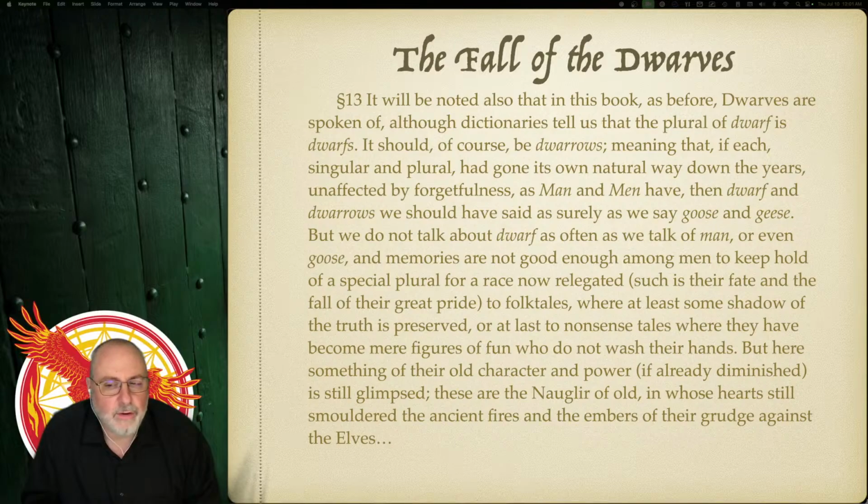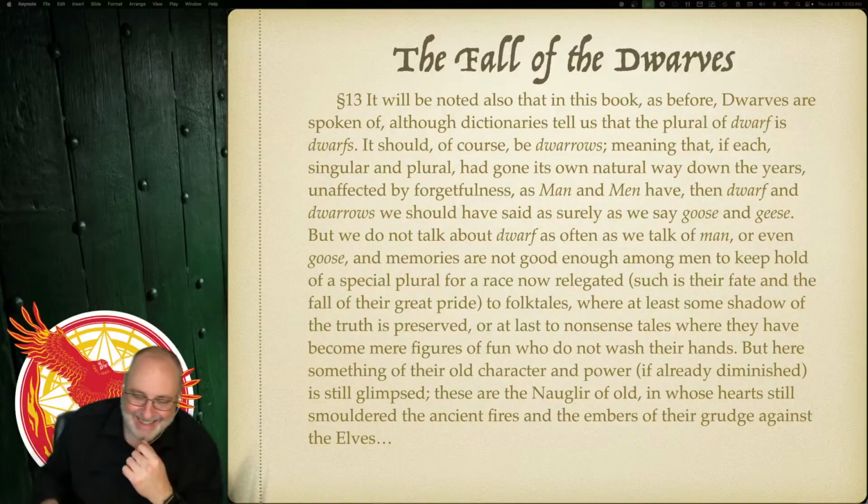And memories are not good enough among men to keep hold of a special plural for a race now relegated, such is their fate and the fall of their great pride, to folk tales, where at least some shadow of the truth is preserved, or at last to nonsense tales, where they have become mere figures of fun who do not wash their hands. But here something of their old character and power, if already diminished, is still glimpsed. These are the Naugrim of old, in whose hearts still smouldered the ancient fires and the embers of their grudge against the elves.